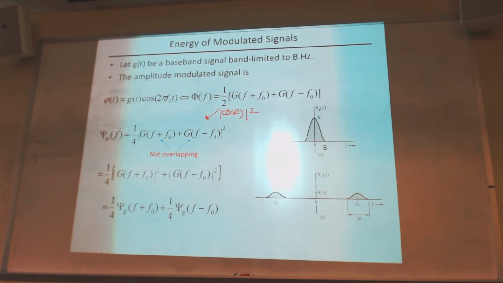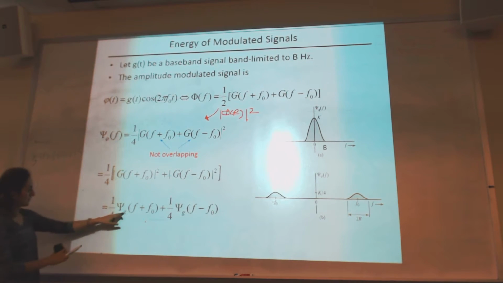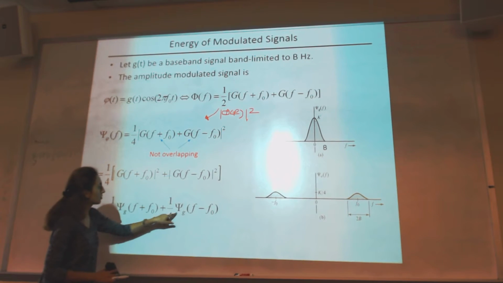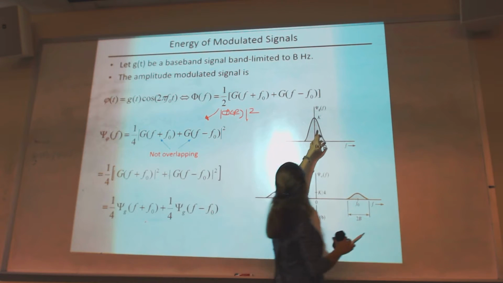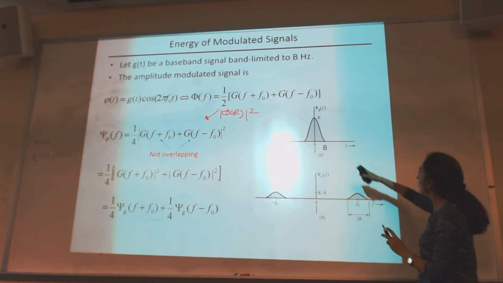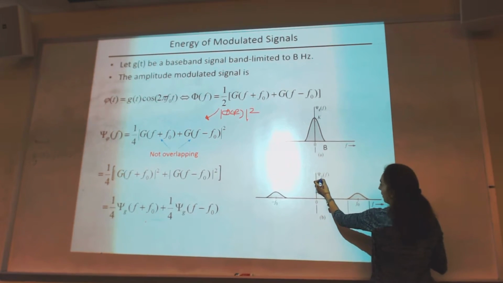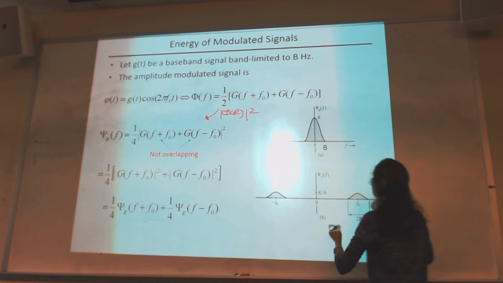The energy spectral density of the modulated signal is 1/4 of the energy spectral density of the shifted version of the energy spectral density of G, and another quarter of that. So in the figure, this is the case. This is psi G, the original signal. This is psi phi, which is a quarter of this, a quarter of that.